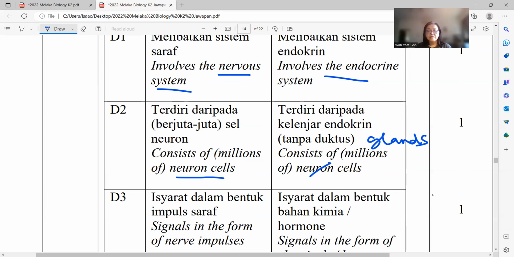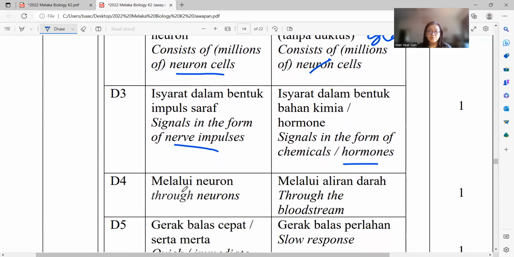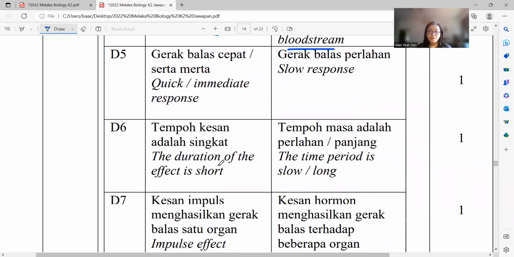Next, the signal: the nerve cell transmits nerve impulses, whereas for the endocrine gland, the signal is in the form of a chemical, what we call a hormone. The nerve impulse is transmitted through neurons. The hormone is secreted into the bloodstream, which then flows to the target organ.